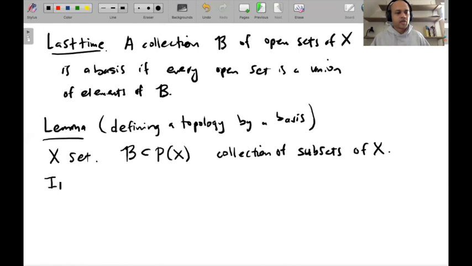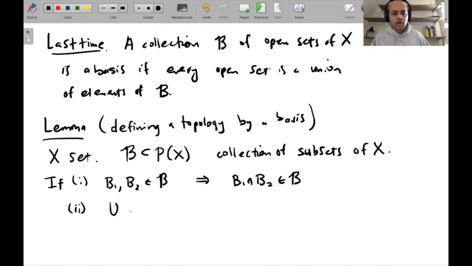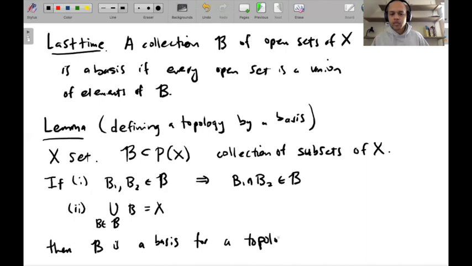So if, first of all, whenever you have two elements of B, the intersection is also in B. And if the union of all elements of B is X, so if these two things are satisfied, then B is a basis for a topology on X. So there exists a topology on X which has B as a basis.